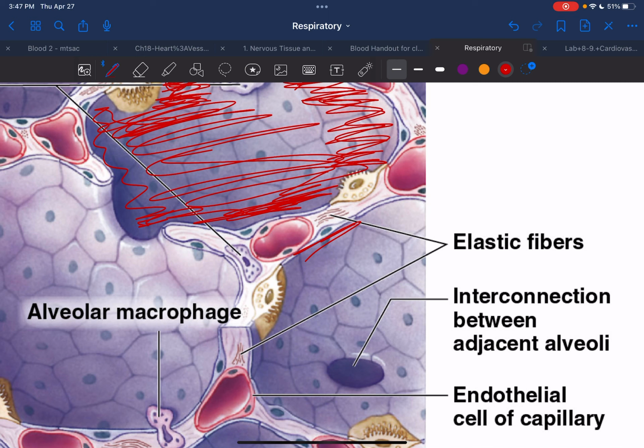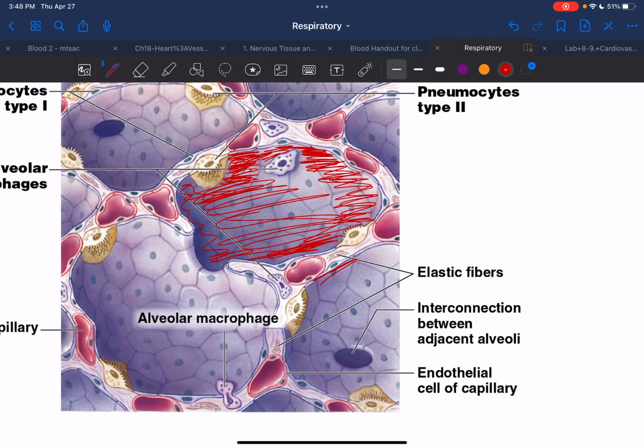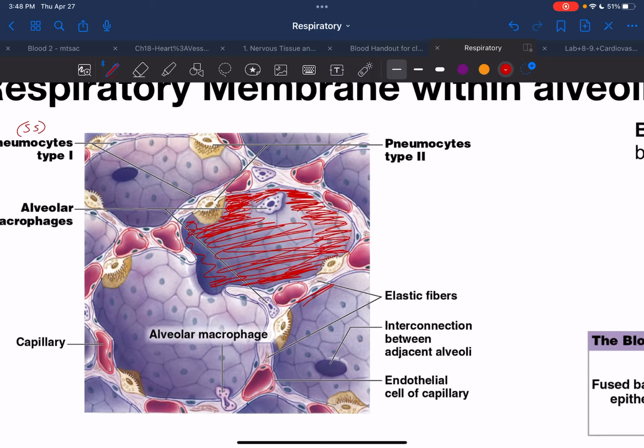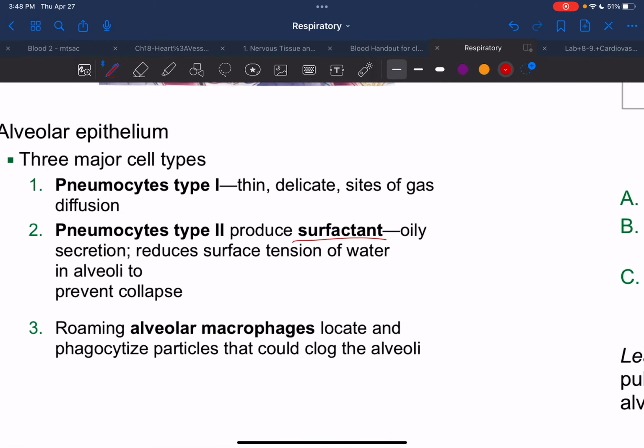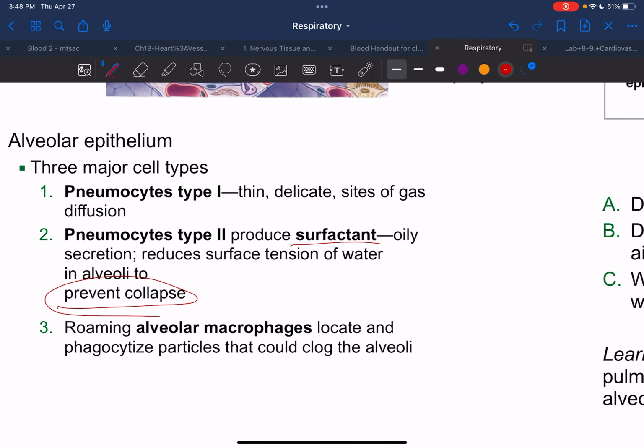That's what surfactant is for, is to prevent this shriveling, this sort of, I don't want to say implosion, but the integrity of the overall alveoli is maintained in a nice and spherical shape, and without surfactant, you can expect that it's just sort of going to collapse on itself. And so collapse sort of becomes the best word to use there, collapse. And so that's the role of surfactant, to prevent collapse.